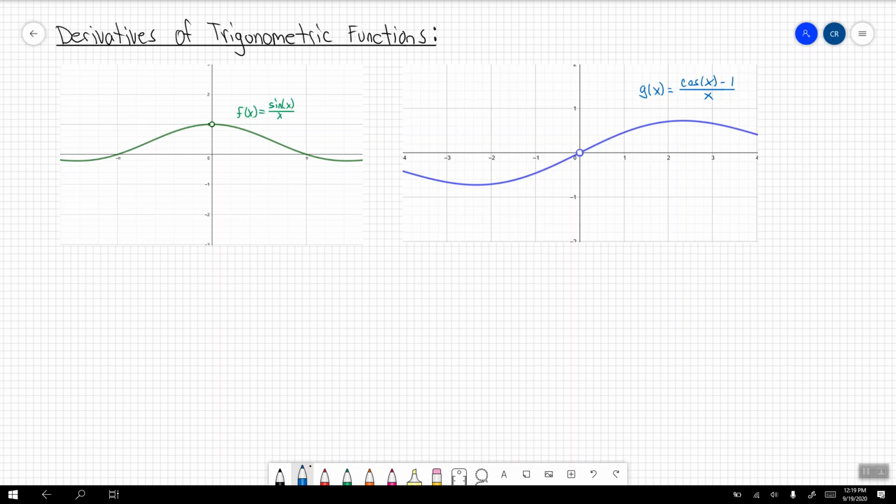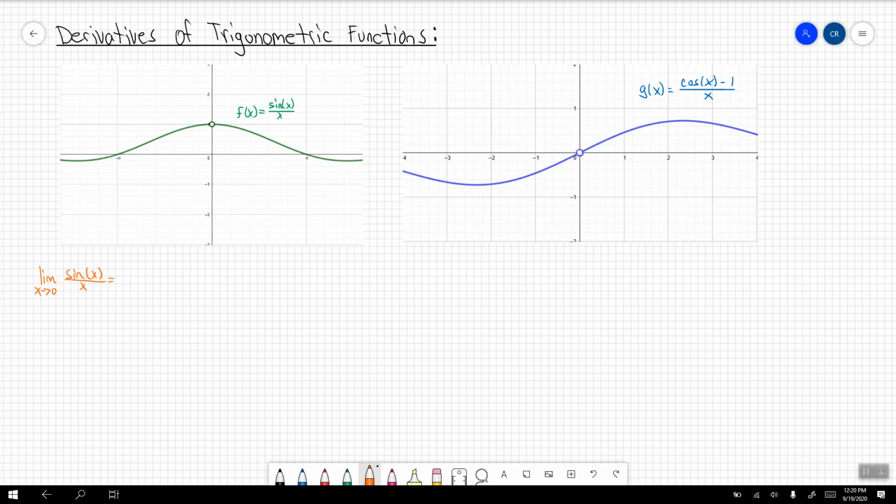The reason I wanted to show you these specific graphs here is because from the initial graphs we can start extracting this particular concept. If we're looking at the limit as x is approaching 0 for f of x, where f of x in this case is sine of x divided by x, from the graph we can see that the value of the function does not exist at x is equal to 0.